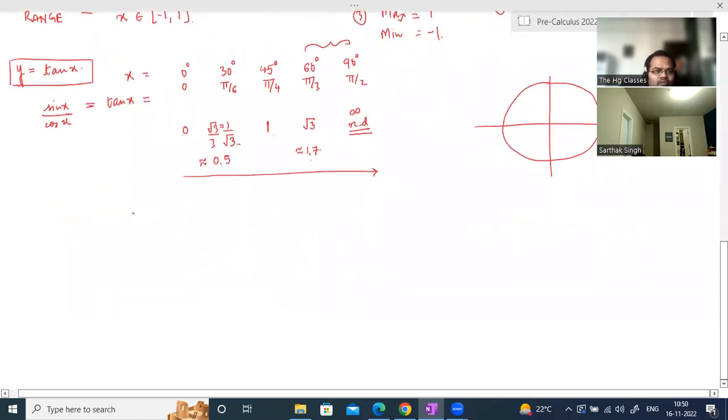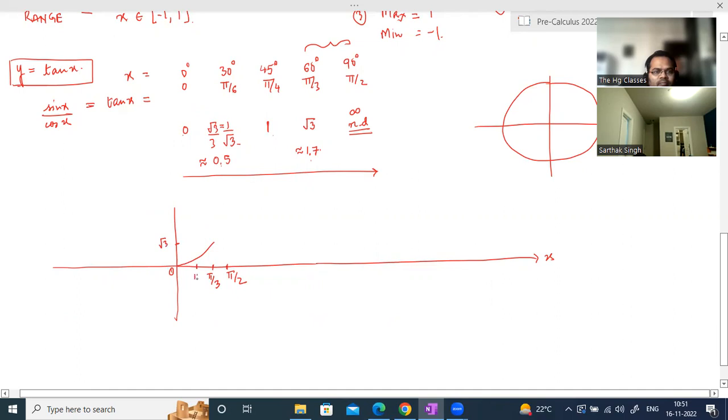right? So if I want to draw the graph of tan x in the first quadrant, 0 and pi by 2. This is the first quadrant. From 0 it will start and it will increase somewhere here, which is pi by 3, which is 60 degrees, it will become equal to root 3, right?